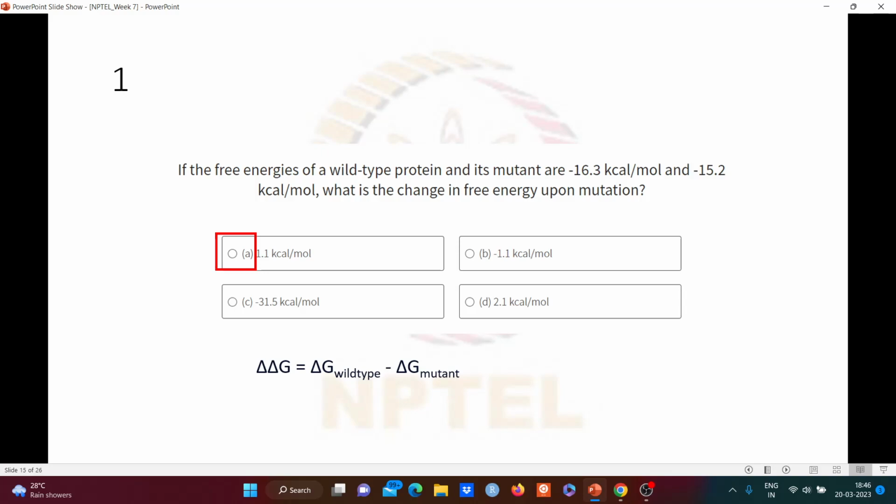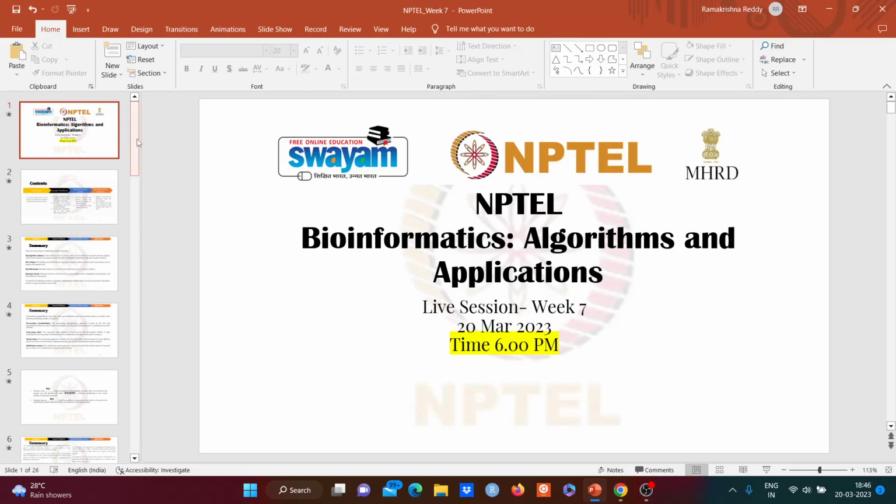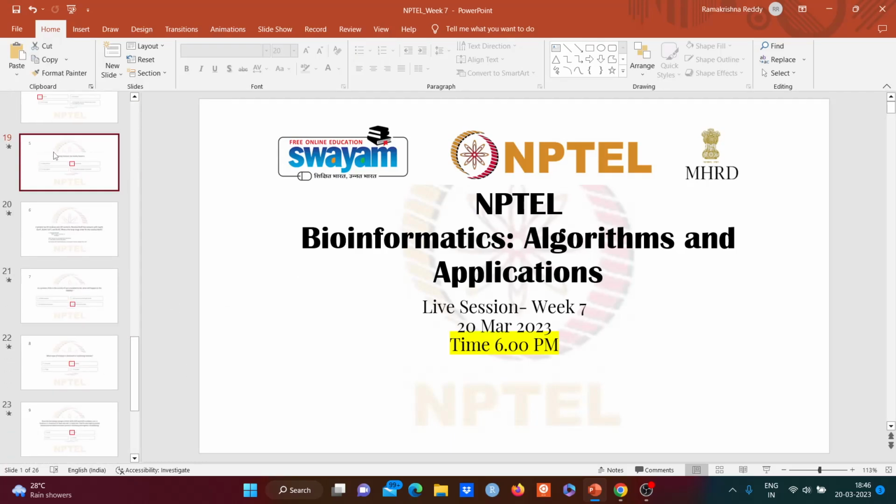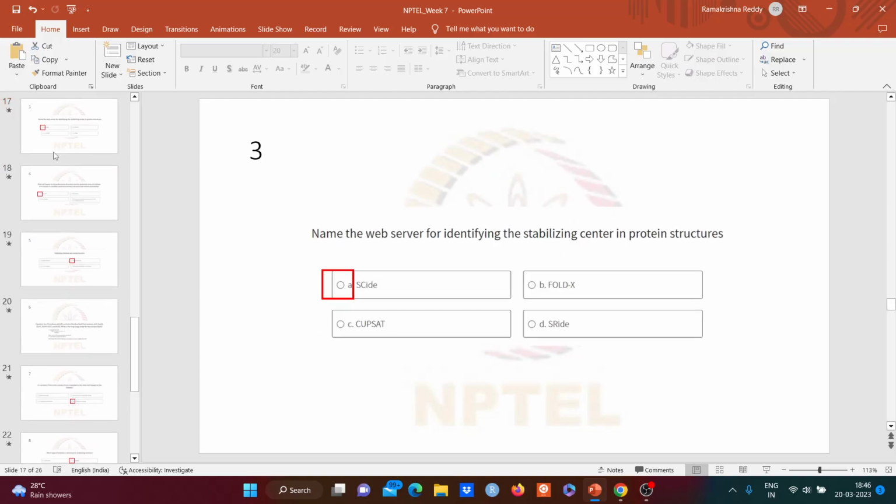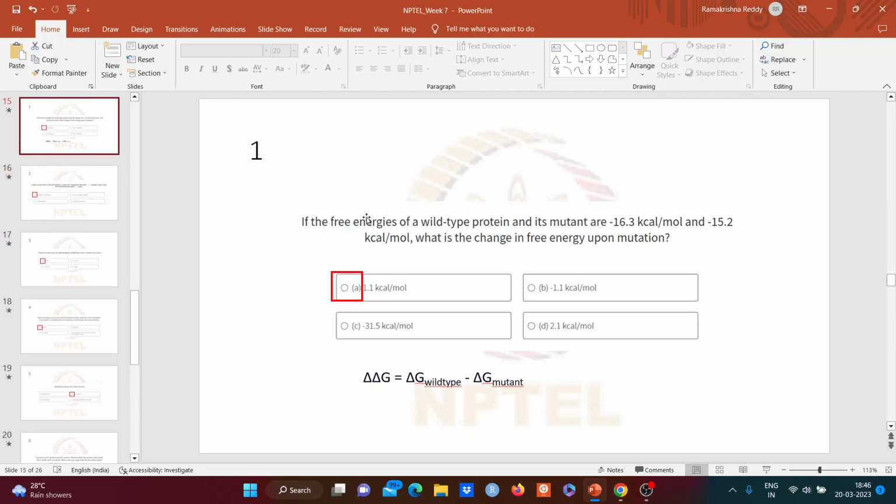Okay, sorry, here the answer is B, not A. When we take the wild type, which is minus 16.3 kcal per mole, and the mutant as minus 15.2, when we take the difference of these two, we get minus 1.1 as the stability value.